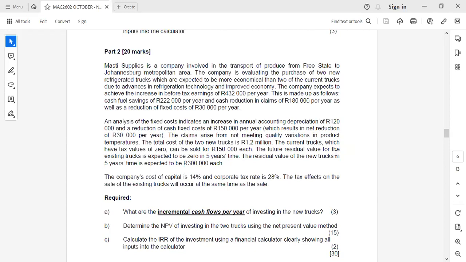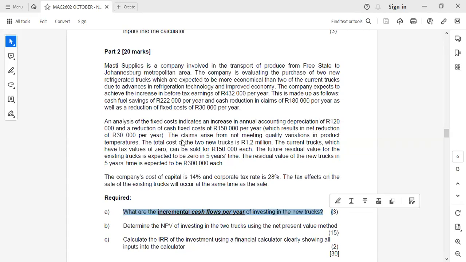Right. So now they want us to determine the incremental cash flows per year. Right.